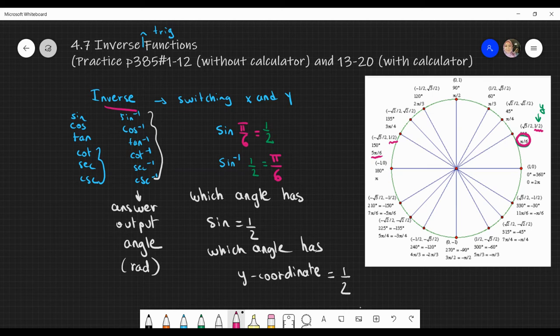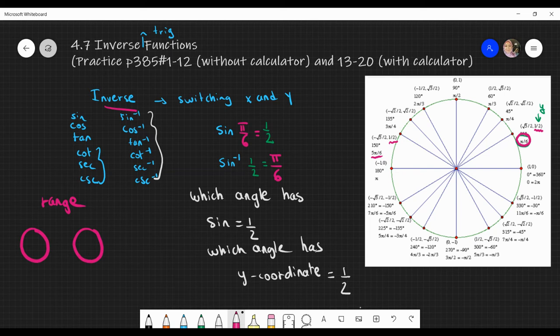But we have to be careful because with inverse, we're going to introduce something called range of an inverse function. And I'm going to erase right here to talk about the range of inverse functions. So the range, we're going to talk about inverse sine, inverse cosine, and inverse tan.